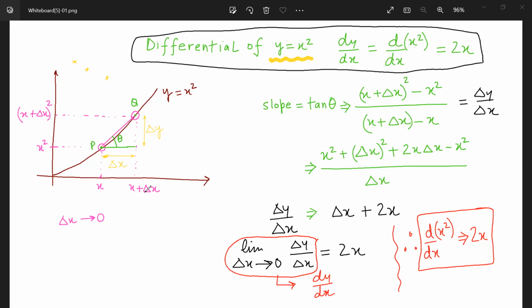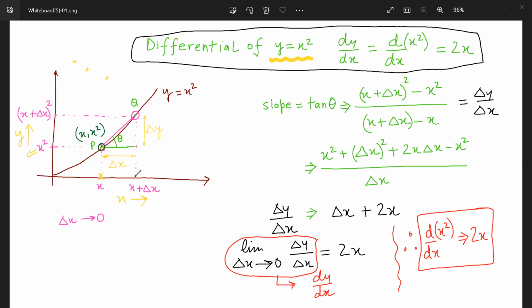So this is my x axis and this is my y axis. I know that the value of y is x square. So at any random point x, the value of y would be given by x square. Both these coordinates define this point. This point would be given by x comma x square. Is it making sense? Yeah.